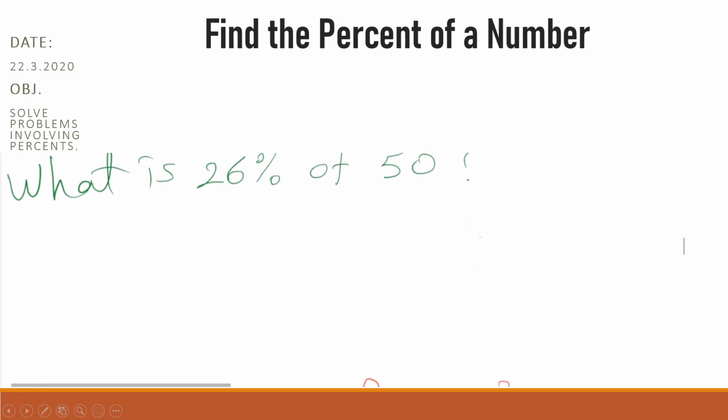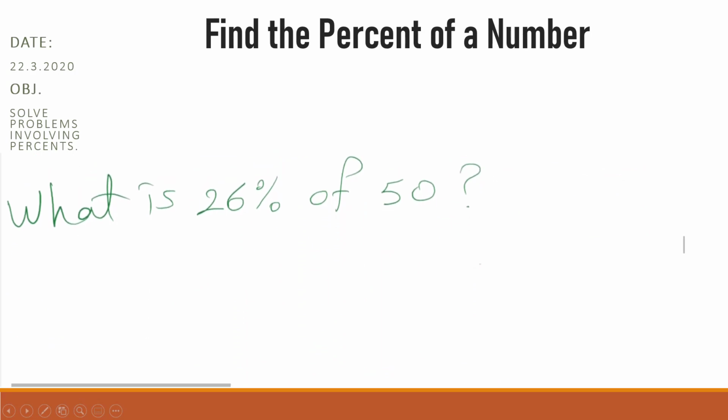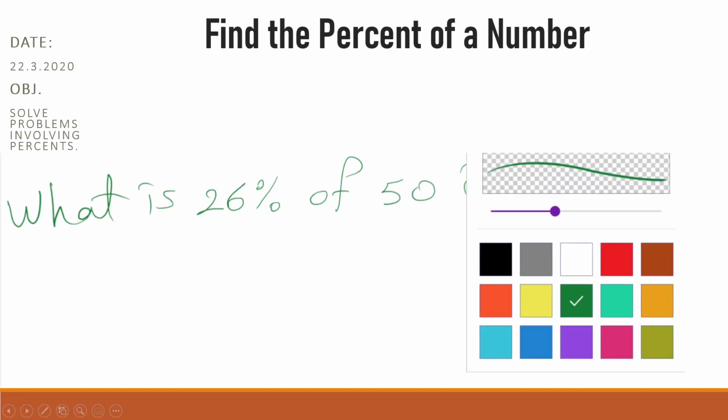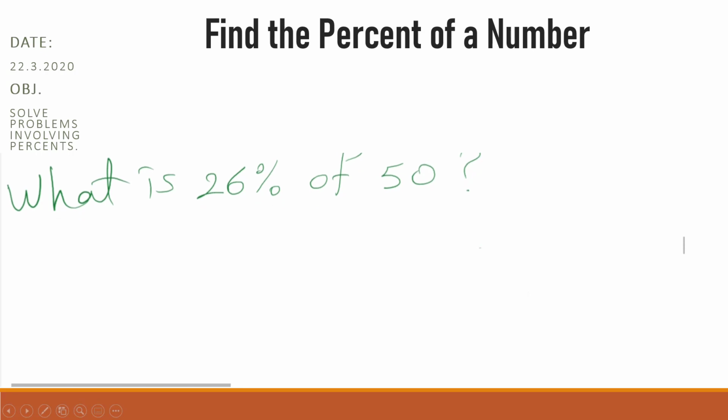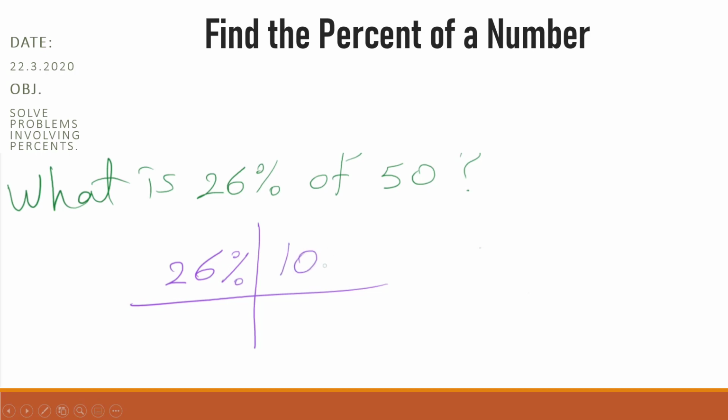The next question, what is 26% of 50? Okay, let's start with the table. 26%, and of course 100%, and now 50 is the total. So write here any symbol, X for example, and here 50.